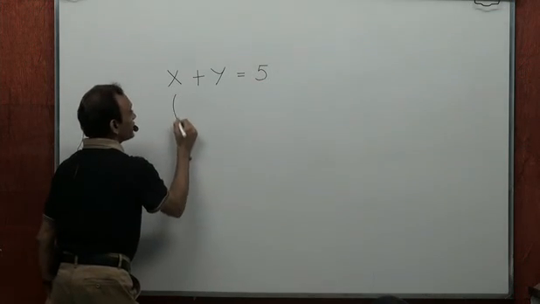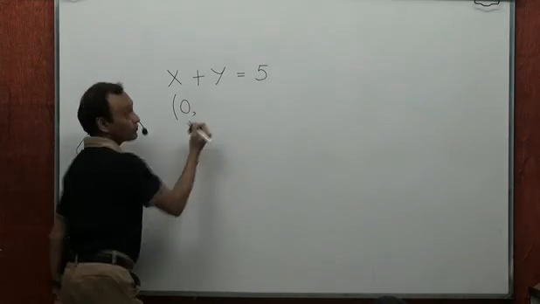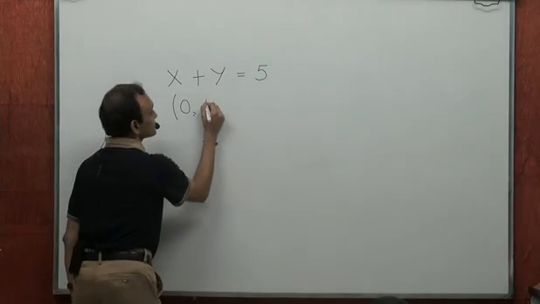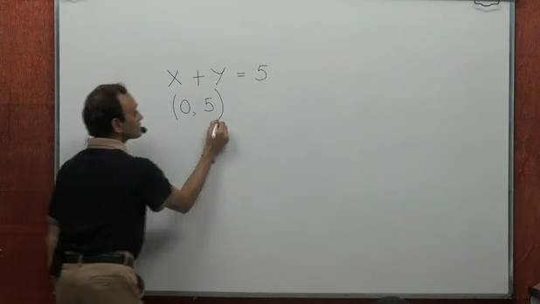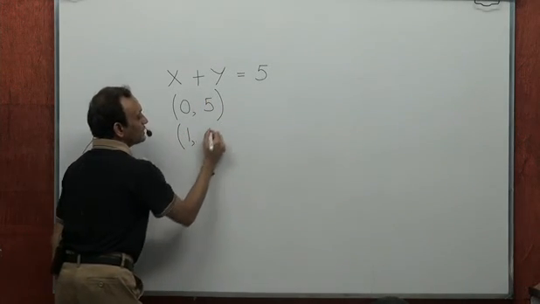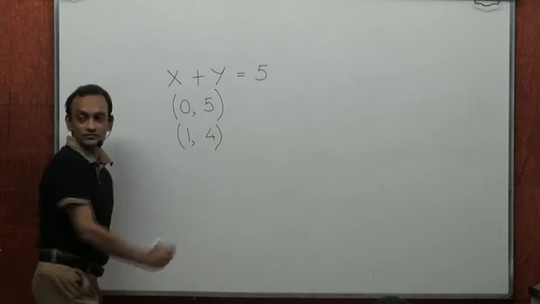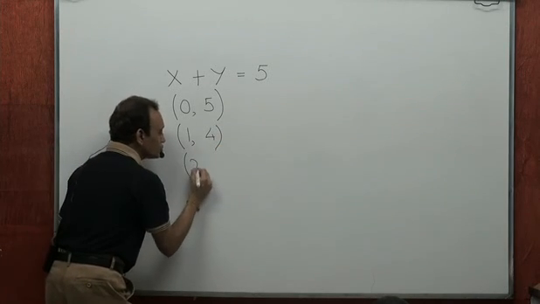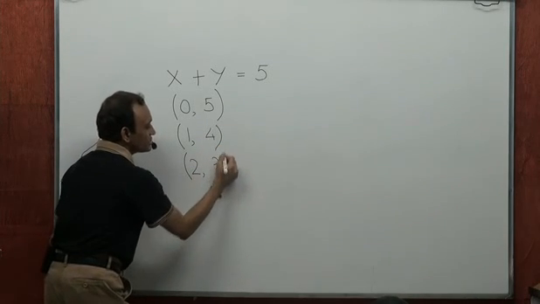You could have had x equal to 0, no monkeys, all donkeys. You could have had 1 monkey, 4 donkeys. You could have had 2 monkeys, 3 donkeys.